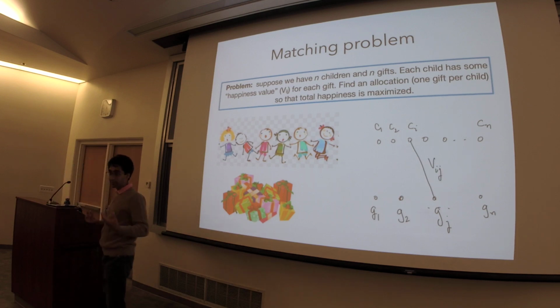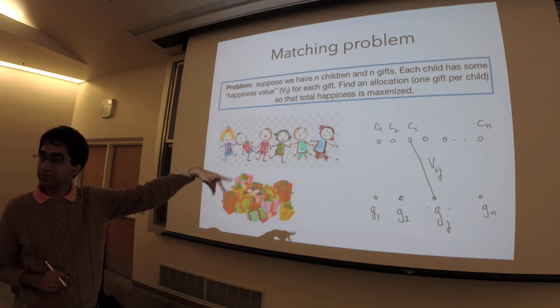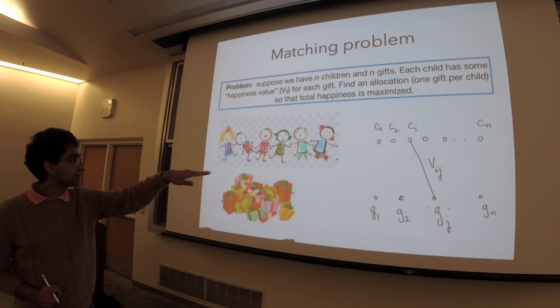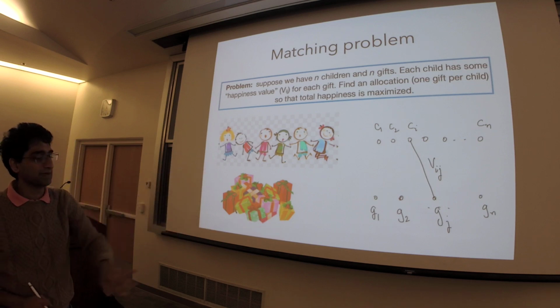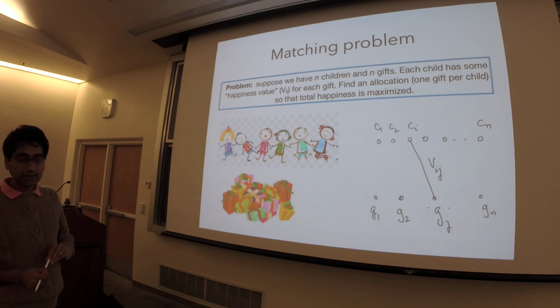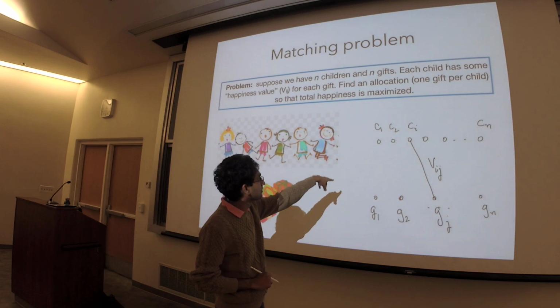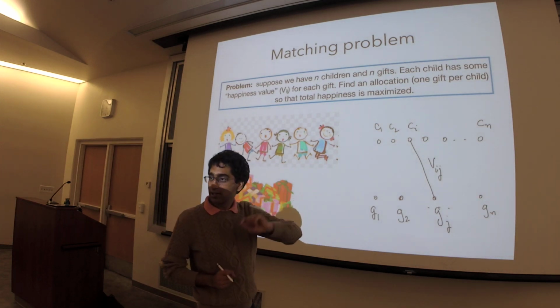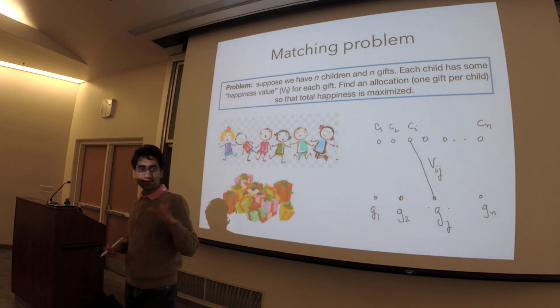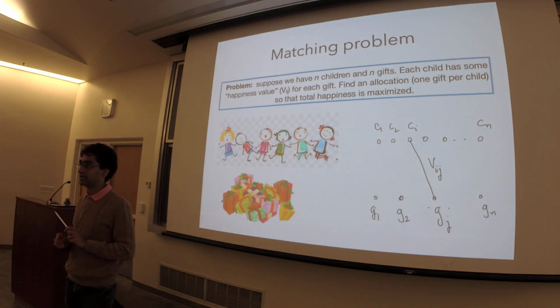This is a happiness value. Your goal is to assign gifts to children so that the sum of all the happiness values is maximized. Of course, you give exactly one gift to each child, and assume that the values are all non-negative.